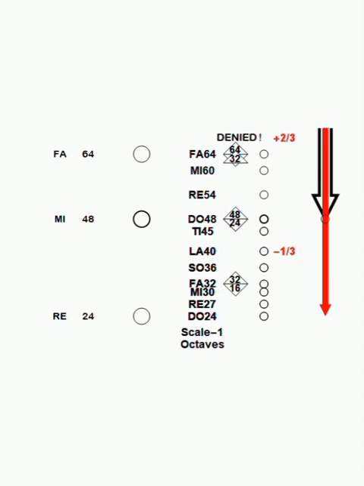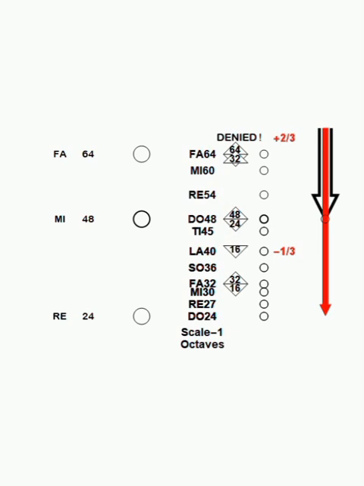When the force at Do 48 tries to go down, it wants to halve to 24, so it has a downward impetus of 24 units. As it travels down, it loses force. By the time it has gone down 3 units to Ti 45, it has only 21 units of downward impetus left. By the time it reaches La 40, only 16 units are left.